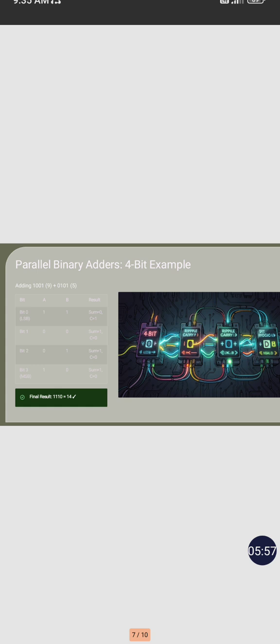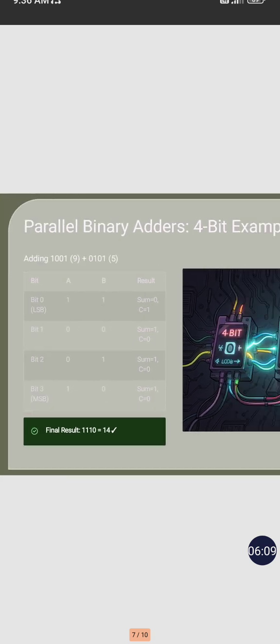Next is the parallel binary adder. The parallel binary adder performs multiple-bit additions. For example, considering 1001, it represents decimal 9, and decimal 5 is represented by 0101.